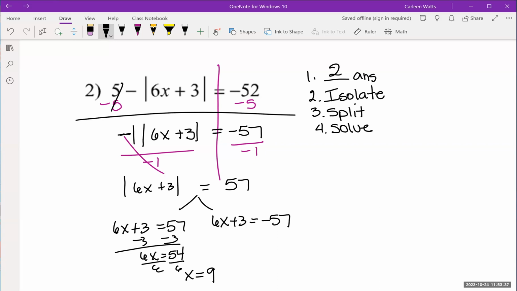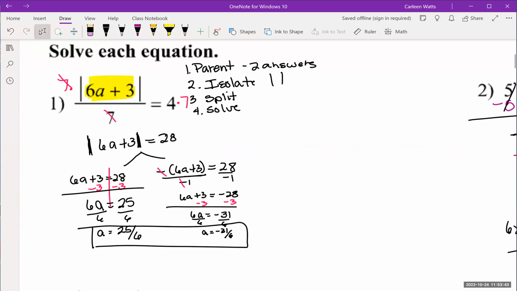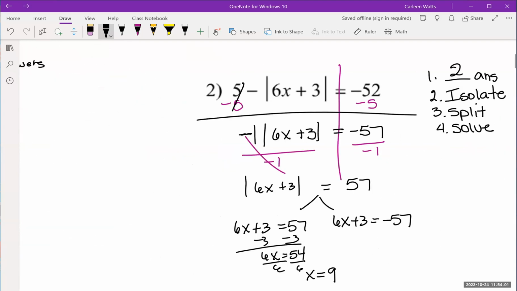Okay, I did the shortcut. I did it differently than I did the first one. The first time I put the negative and divided it to go to the other side. Can you see that this time I just went straight to that step? The +28 and the -28. But the reason is you're really subtracting it over.